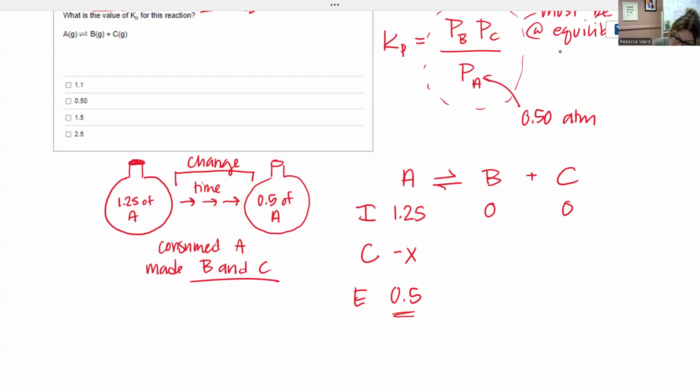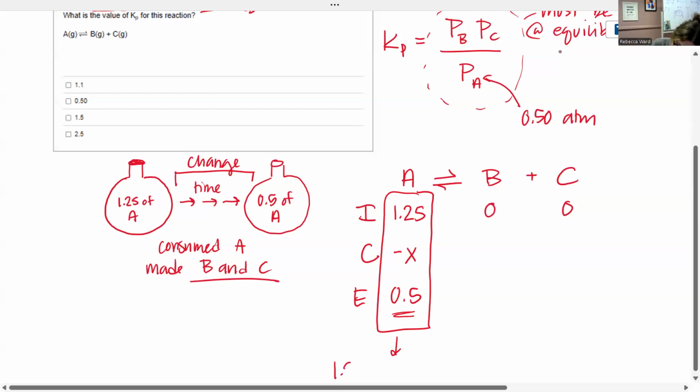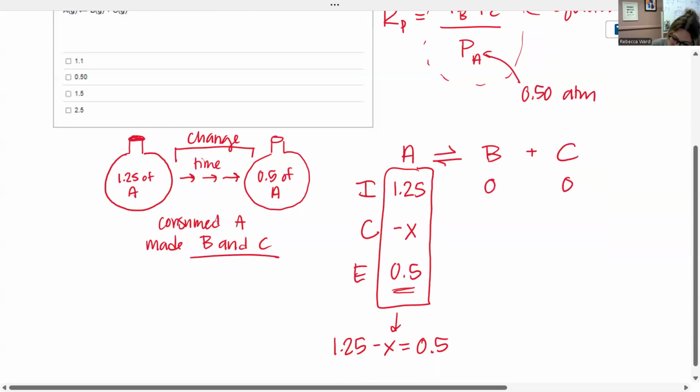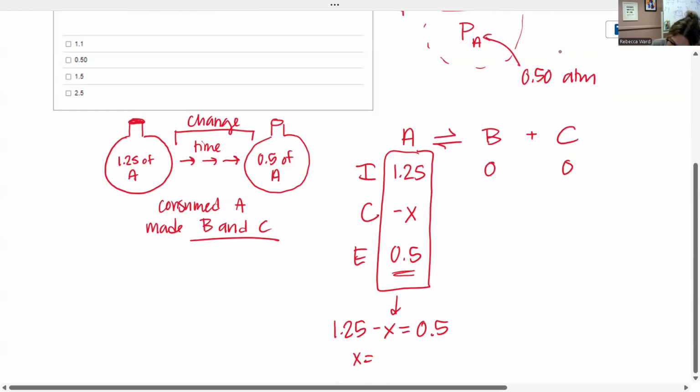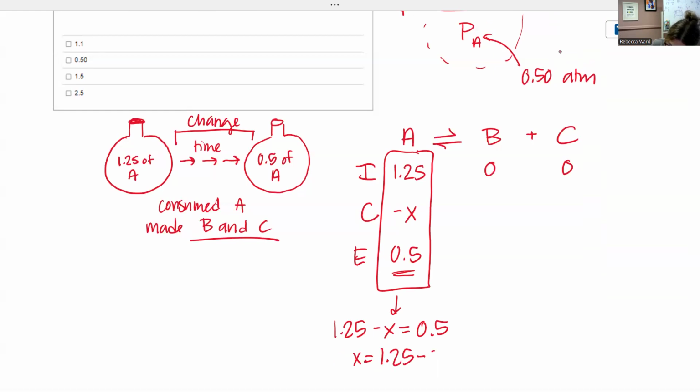So we'll wind up setting this up as an equation here. 1.25 minus x equals 0.5. So what is x? Well, x is just 1.25 minus 0.5. That's 0.75.